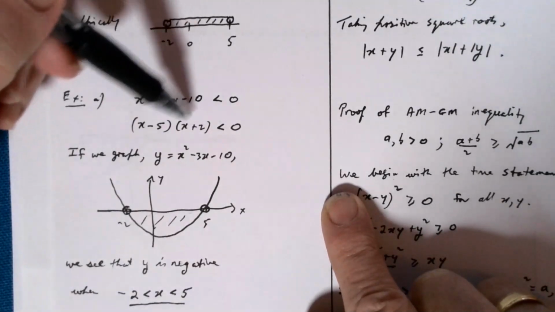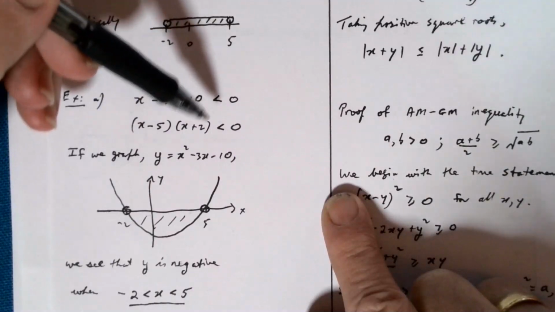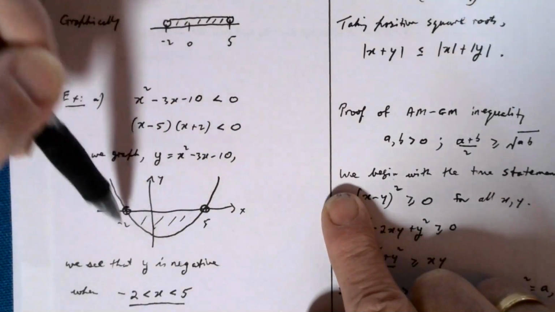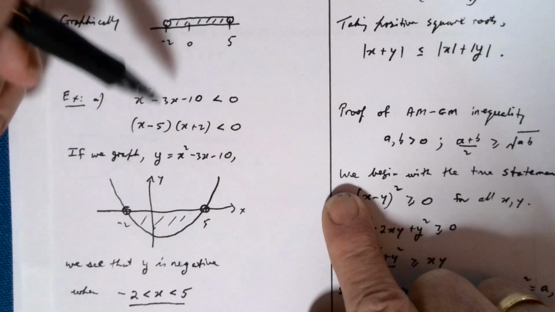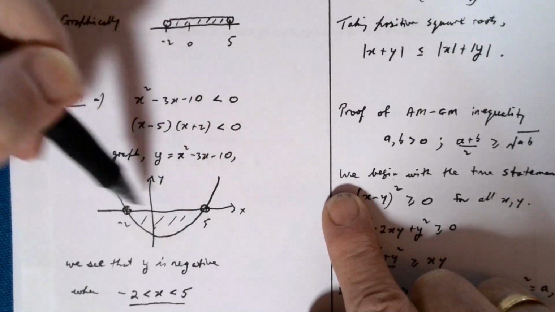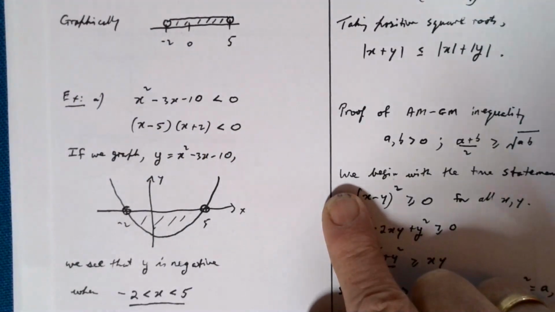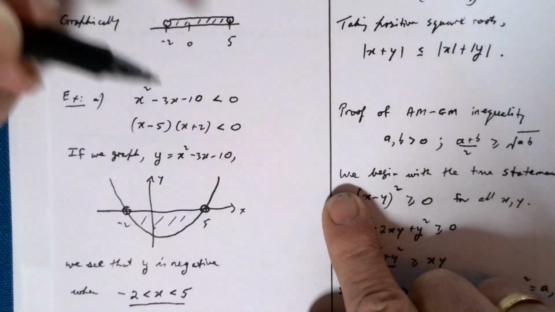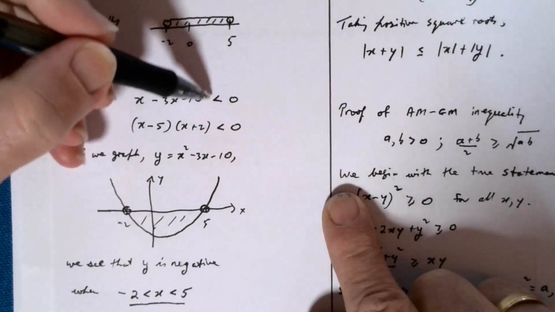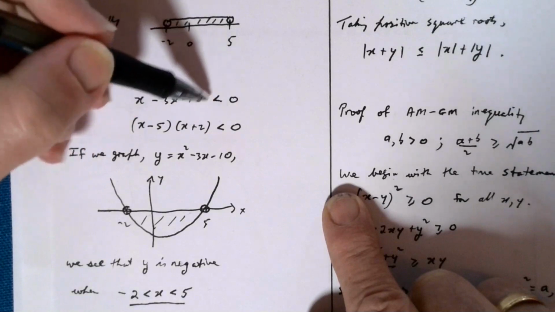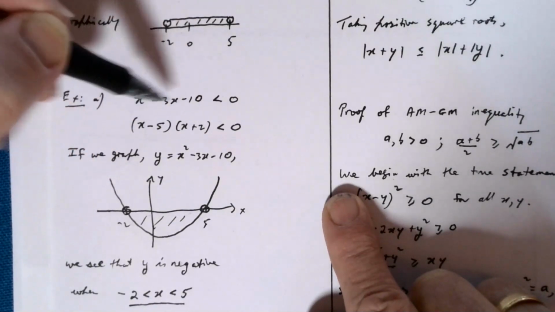So I draw the graph of y equals this parabola, and it looks like this. It's just a parabola that cuts through 5 and minus 2. They're the roots of the parabola. Now if I want to see where this is negative, always put this into English: where is this quadratic negative?